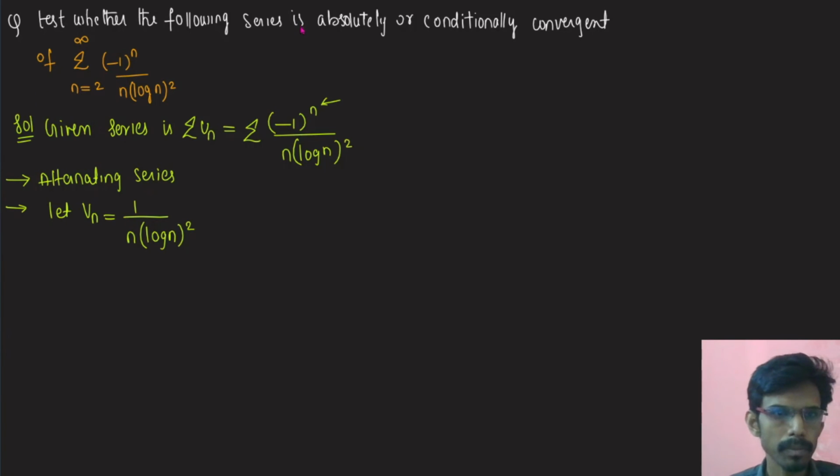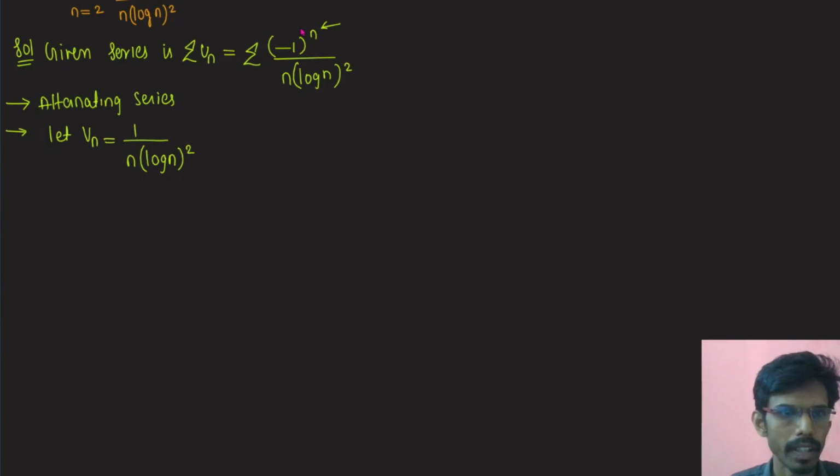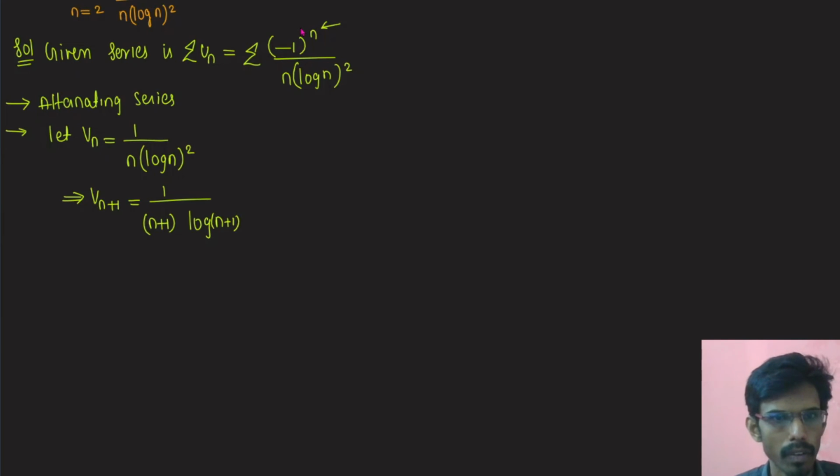Now let's find its next term of the series, Vn plus 1. Vn plus 1 will be 1 by n plus 1 into log n plus 1 whole square.